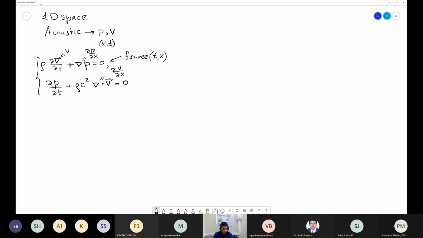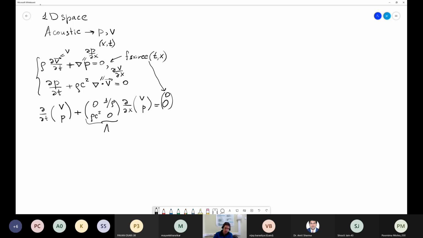So we can rewrite our system as d over dt of the vector v and p, velocity and pressure, plus some matrix multiplied by d over dx of this vector v and p, equal to 0, 0, or if you have some force, we will add here the external force F. The matrix is 0, 1 divided by rho, c squared, and 0. We call this the matrix A or A_x.